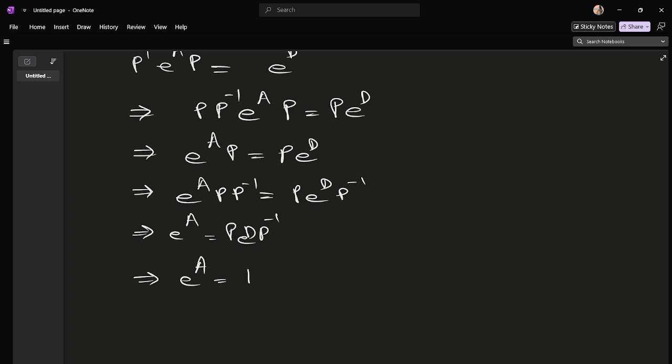So e to the power A will be equal to the matrix with e to the power i omega, 0, 0, and e to the power minus i omega, multiplied by P inverse.